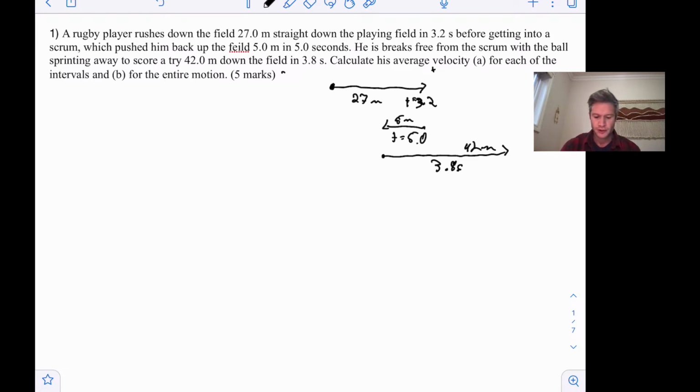Okay, so let's go back to what the question is asking. It's average velocity for each of the intervals. So we'll just look at part A first. Okay, so there's two ways we can look at this, and when we're thinking about average velocity or any terms that we have, we can always go back to our formulaic definitions of what they are and start getting a better understanding that way.